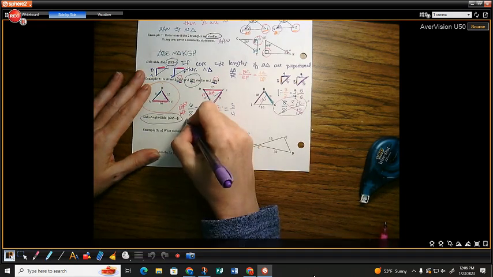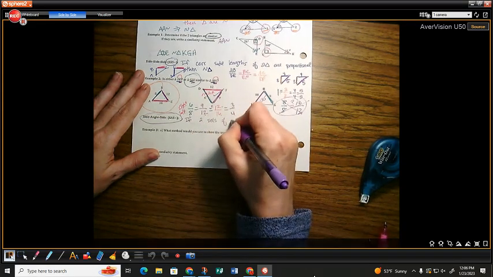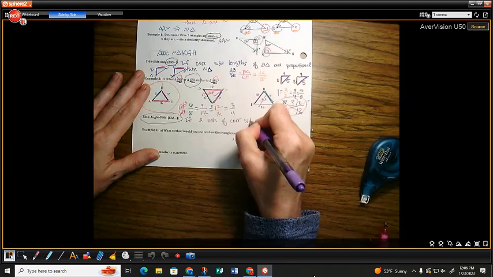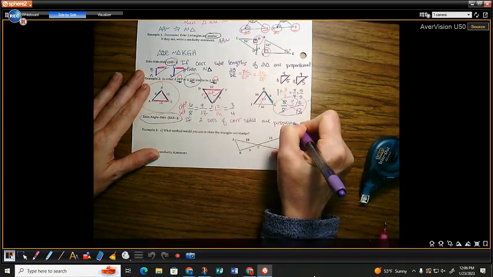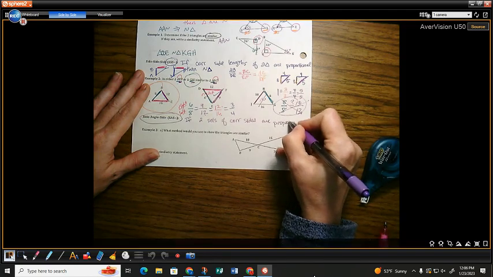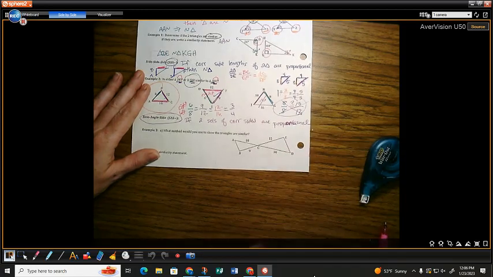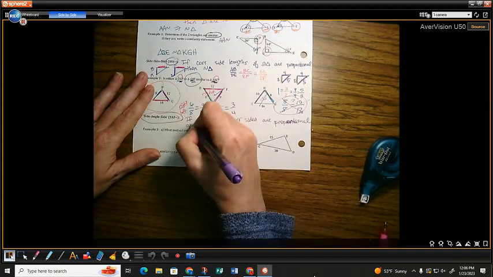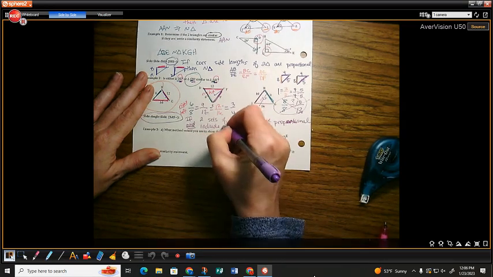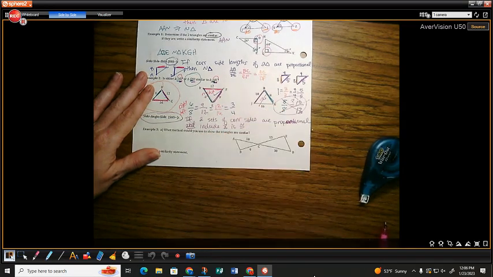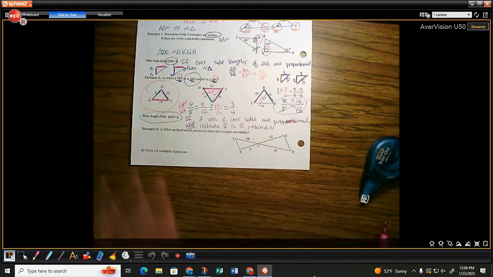Okay. So if two sets of corresponding sides are proportional, and the included angle is congruent, then the triangles are similar.